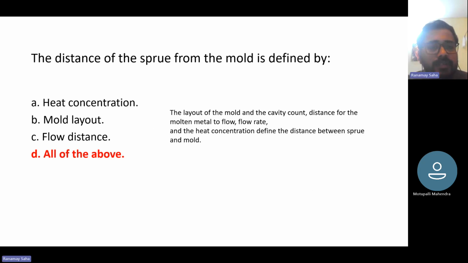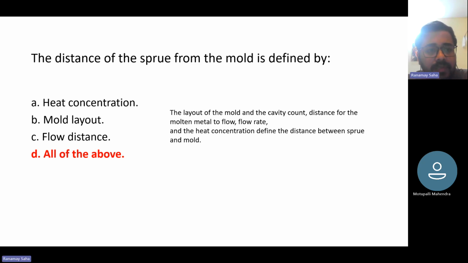The first question was: the distance of the sprue and the mold is defined by, considering all the parts and parameters such as sprue weight, flow distance, and heat concentration. So flow distance is one of the parameters which is considered while designing a sprue.